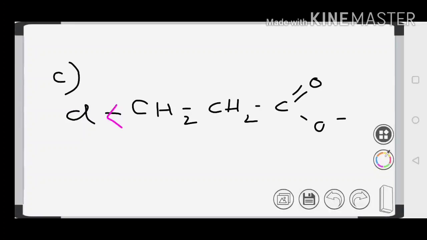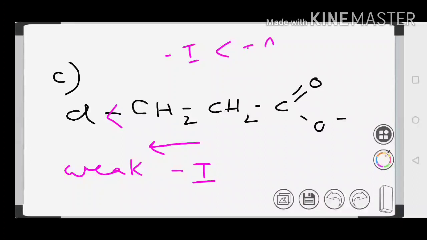It can drag the electron on its side because of its electronegativity. But see, minus I is weak. The effect of dragging the electron is not as strong as compared to the withdrawal of electron. As we have written, minus I is lesser than minus R. So here also the conjugate base will be stabilized, but comparatively less stabilized.